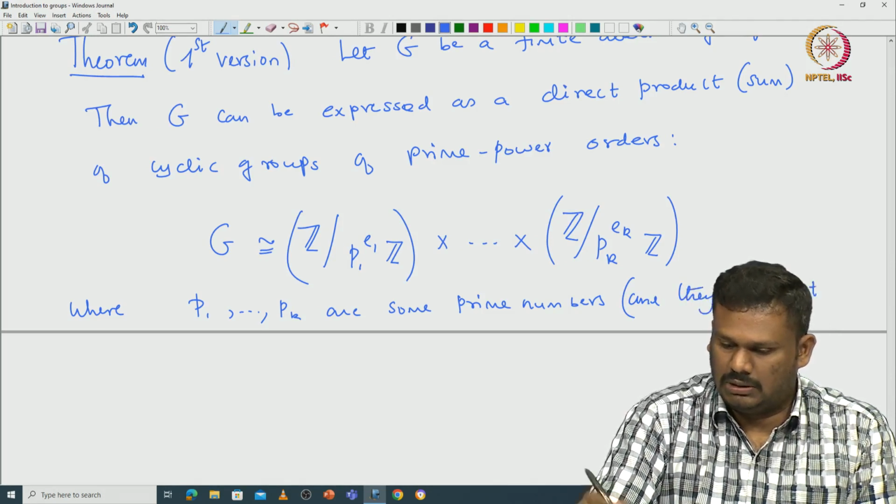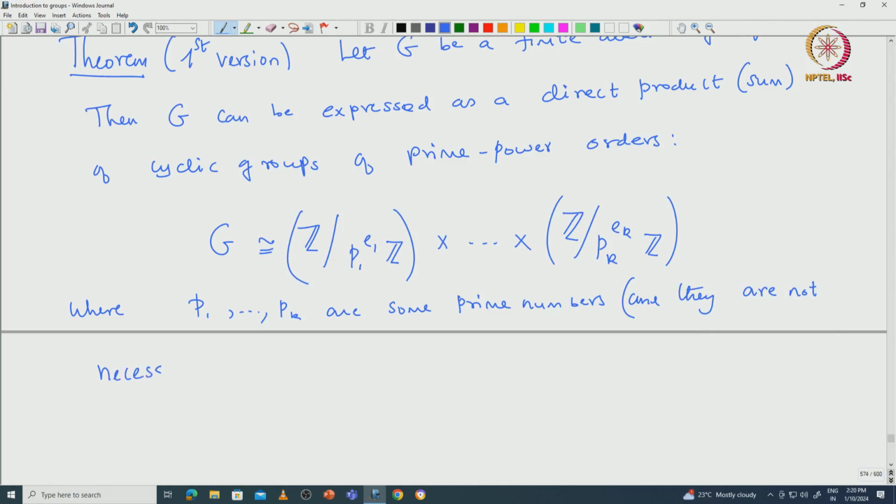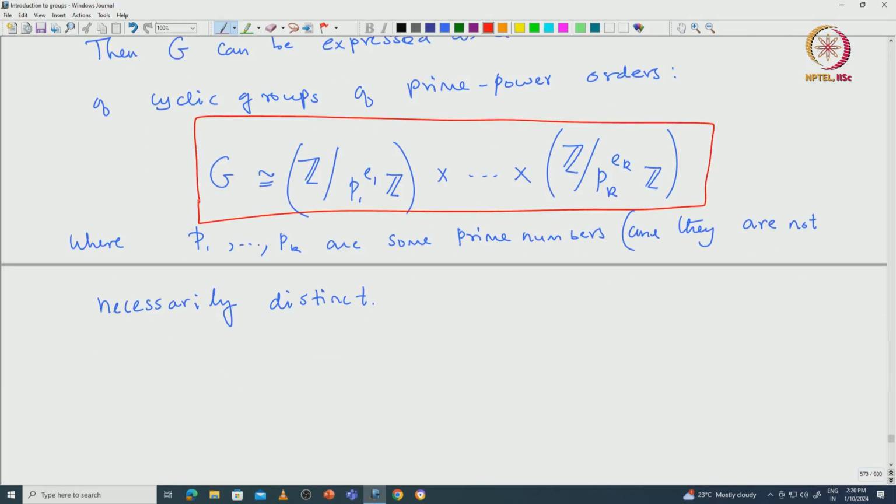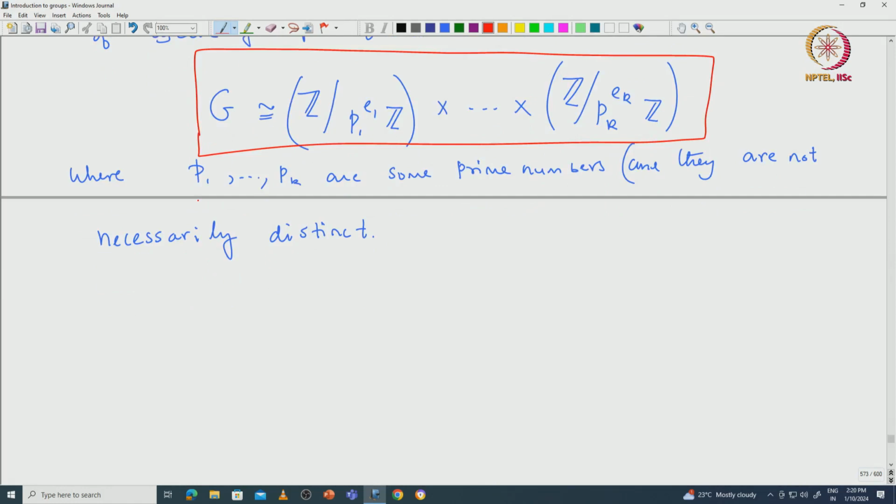Moreover, whatever decomposition you get for this G in terms of these prime powers, up to rearrangement, you are allowed to permute them, but up to permutation, these exponents and the prime powers are all uniquely determined by G. This is also part of the statement.